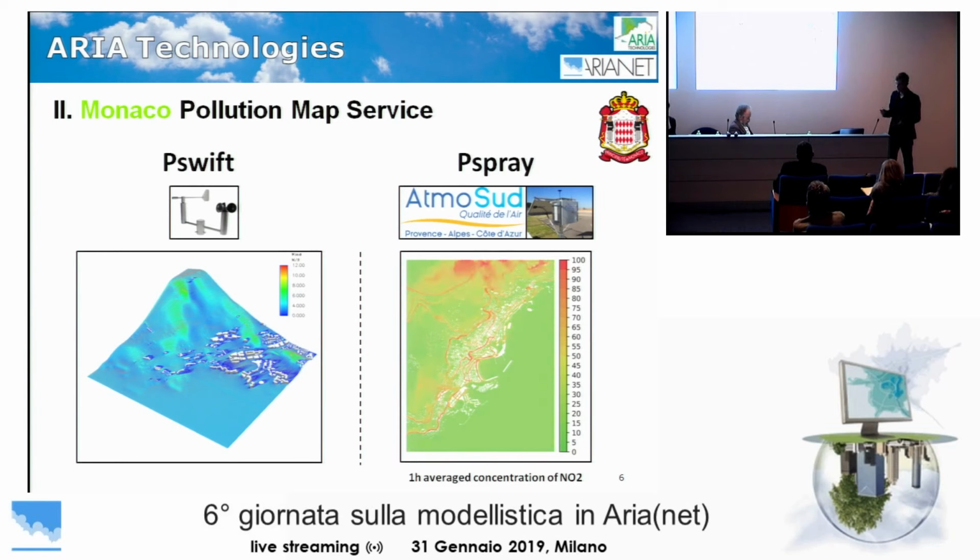They gave us emission data along those streets, and also the results of live air quality stations that are inside Monaco. This helped us design the background noise of pollution inside the streets. So this is the typical 1 hour average concentration of NO2 on the city of Monaco.